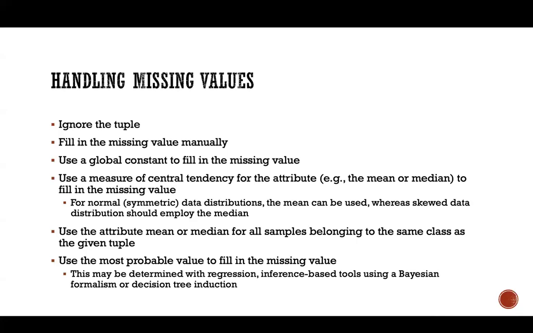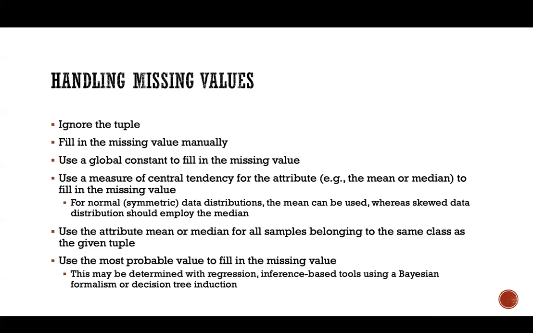So for instance, all the customers that fall under high income category, we'll take the mean and substitute missing values for customers that belong to that category with that value. For medium income customers, we will replace with the mean or median from that class, etc. So this way, I think we are ensuring that we don't make the data quality suffer.